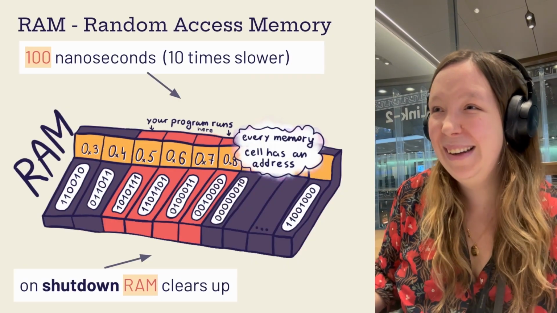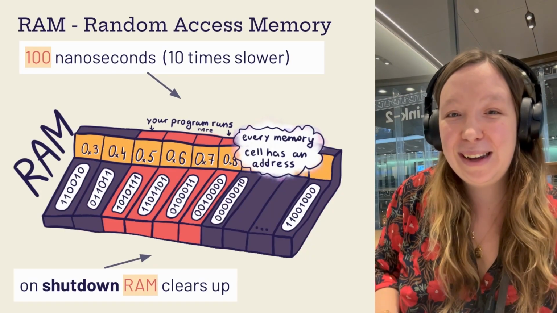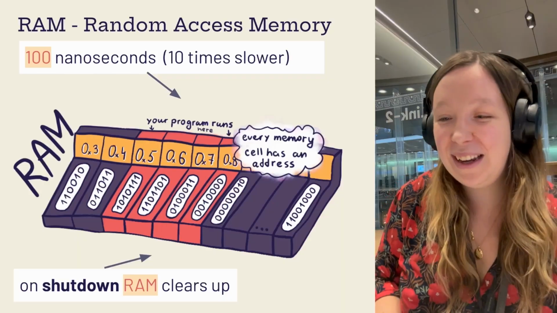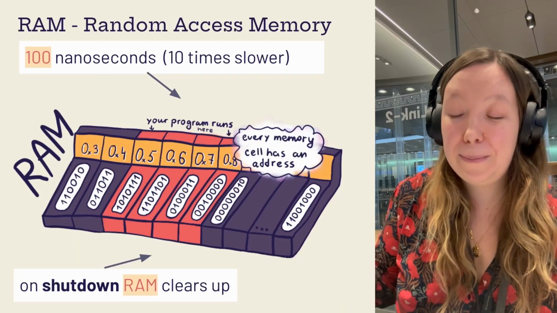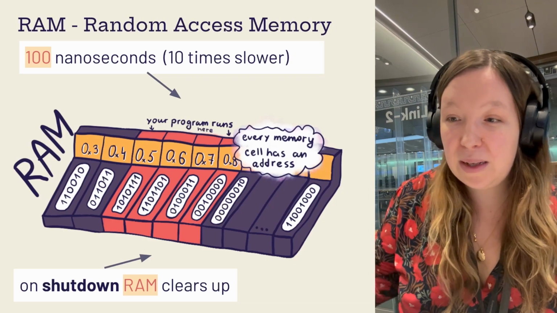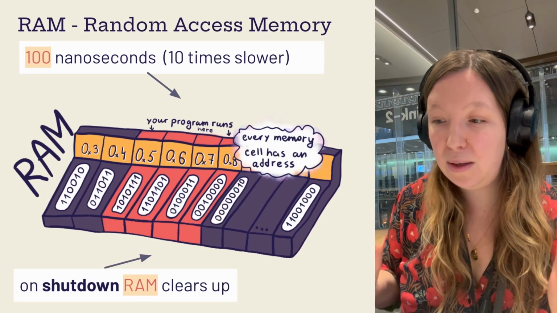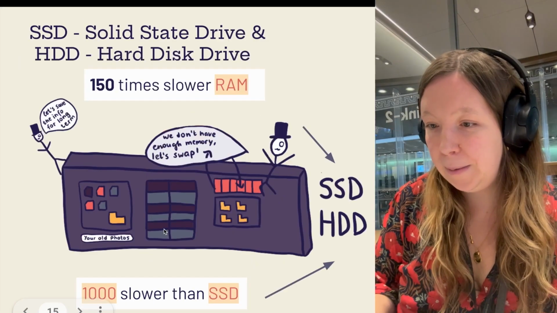It's like the joke about programmers: the car is not working, get out of the car and get back in again. That's what happens with random access memory. And access to random access memory is 10 times slower than access to cache. That you need to bear in mind.